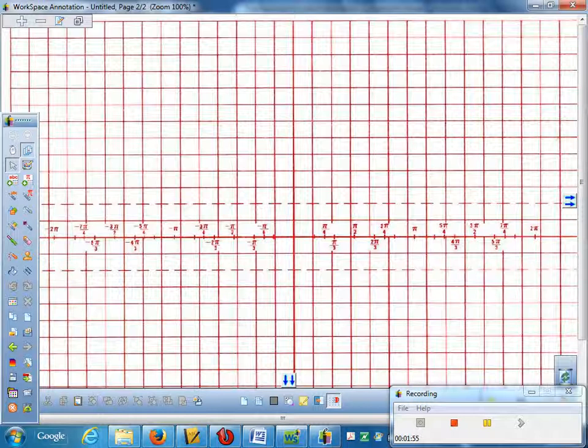Well, let me ask you to notice something. How many boxes out is pi? It's 1, 2, 3, 4, 5, 6, and actually it's more like about a quarter. And to be exact, it's at 6.28. So what's 6.28? 2 times pi.